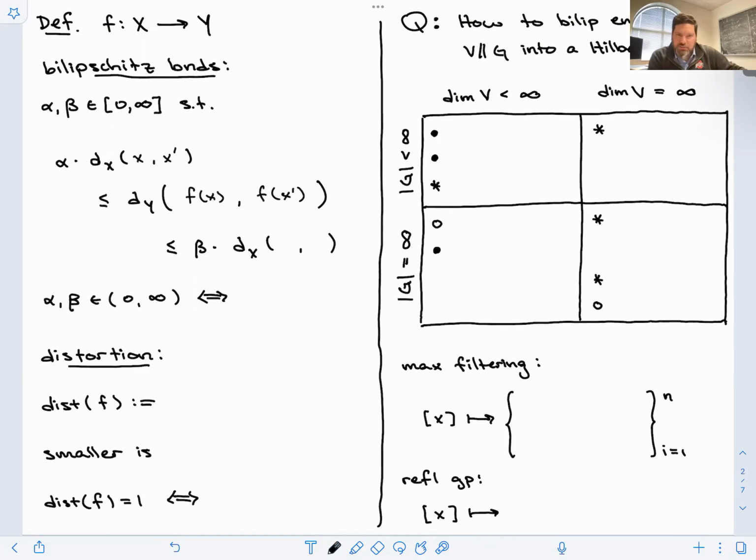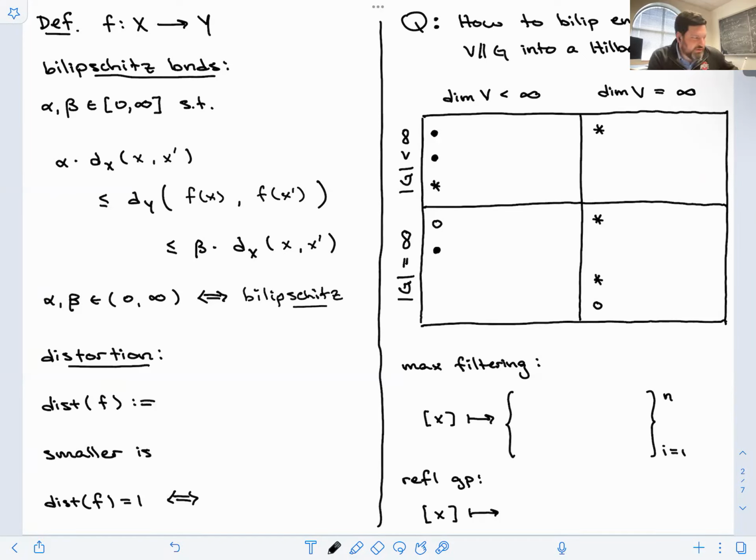You can also look at the distance between the corresponding points in the codomain space. And it turns out that alpha and beta give you bounds on how different the original distance can be from the new distance. So every map between metric spaces is going to have Bilipschitz bounds, possibly zero, possibly infinity. But if those bounds are strictly between 0 and infinity, then we will refer to the map as Bilipschitz.